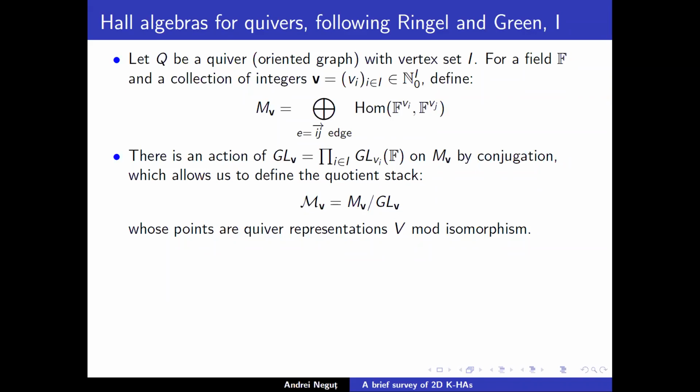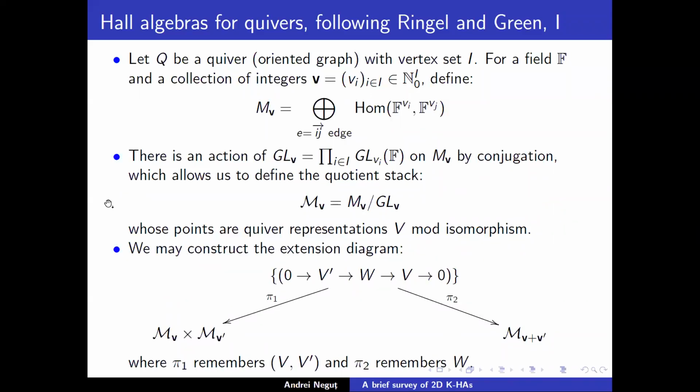Because of that, it is natural to define the quotient stack. Curly MV is MV mod GLV, and this will be the stack of quiver representations modulo isomorphism, meaning you identify two quiver representations which can be obtained from each other by reparametrizing vector spaces at the vertices. So mod conjugation, or mod isomorphism. This is the standard notion of isomorphism of quiver representations. We care about understanding this stack because we care about understanding quiver representations modulo isomorphism.